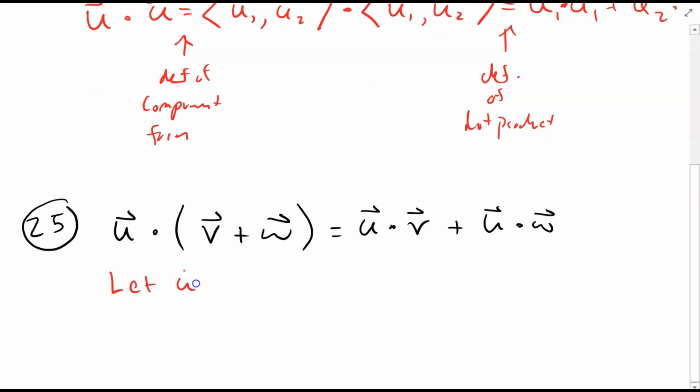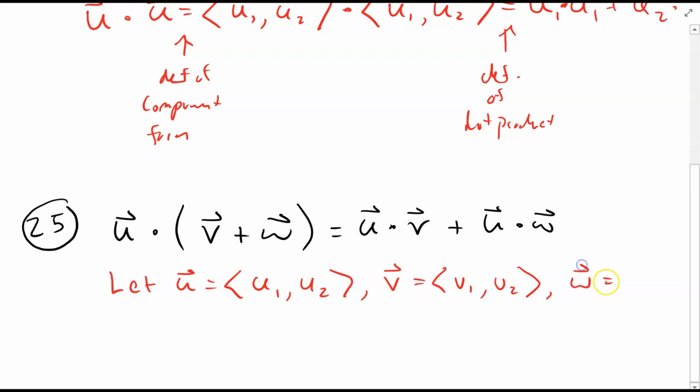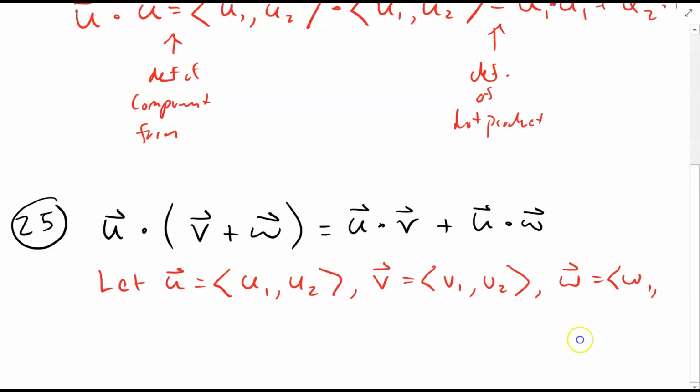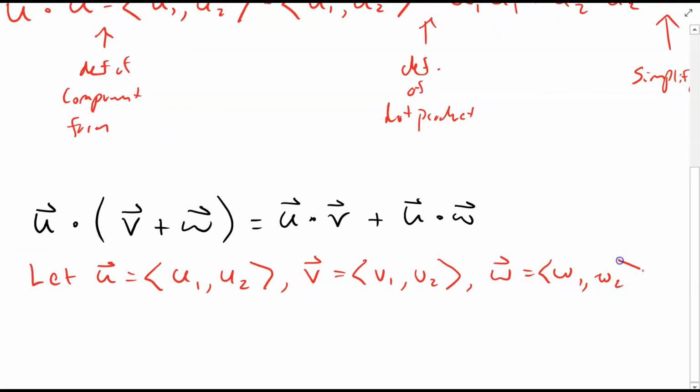So first things first, I'm going to define my three vectors in component form. Everybody's okay there? Then I'm going to start on the left-hand side and try to end up at the right-hand side.